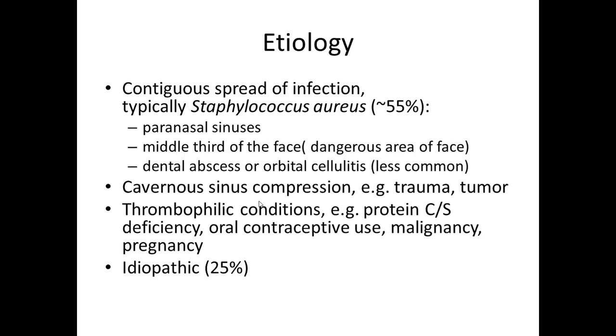Other causes include cavernous sinus compression, mainly by trauma or tumor, and thrombophilic conditions like protein C or S deficiency, oral contraceptive use, malignancies, and pregnancy. In 25% of cases, the cause is idiopathic.